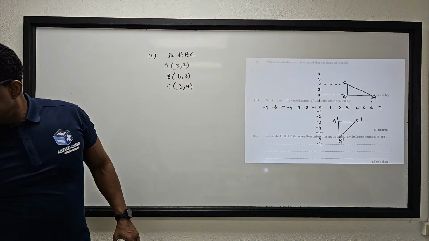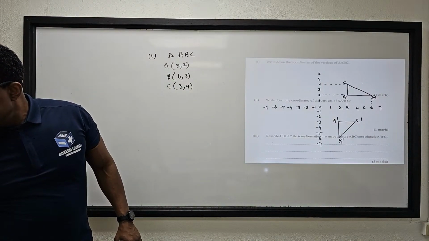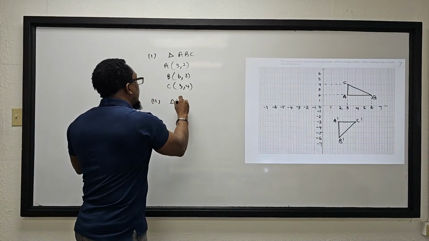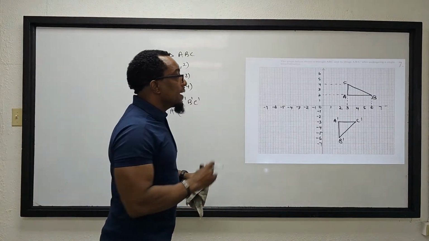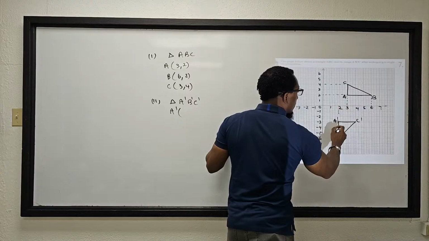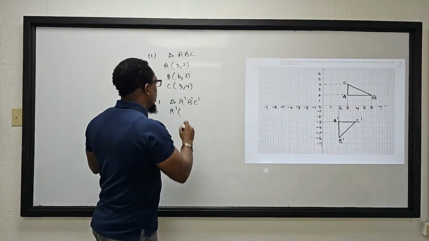Write down the coordinates of the vertices of triangle A prime, B prime, C prime. So part 2: the coordinates are A prime, (2, -3).